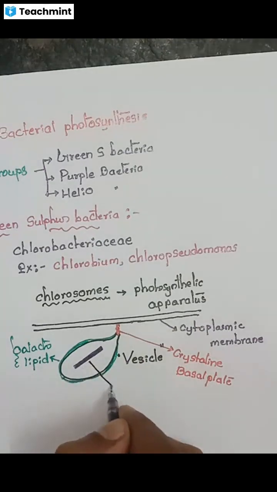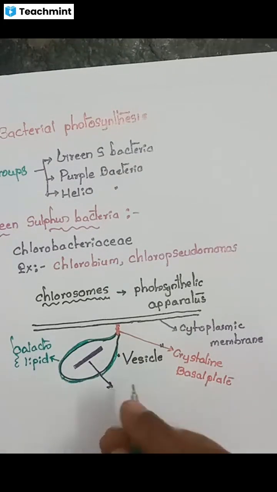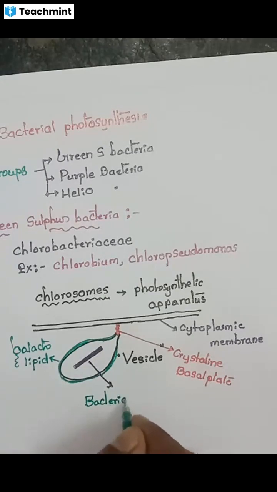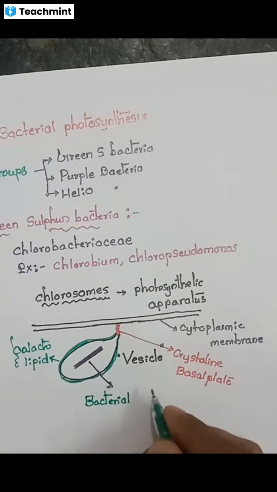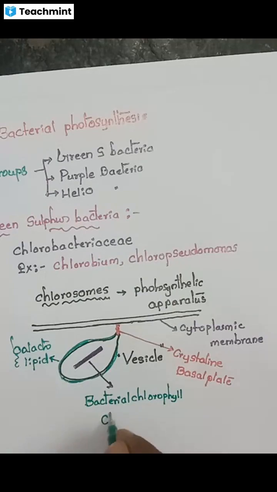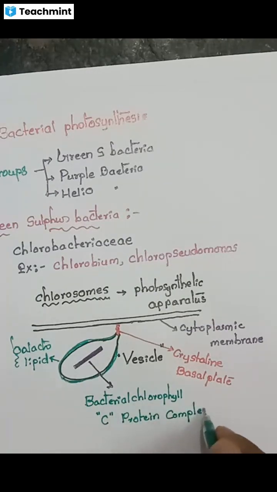This rod-like structure is known as the bacterial chlorophyll C protein complex.